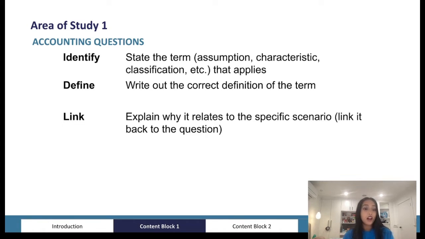Or when it comes to other theory questions, specifically discuss or explain questions that are a little bit more complicated, linking it back to the context of the question is really, really helpful, and it can get you those extra marks. It'll take you from getting a 4 out of 6 to a 6 out of 6. And that's what we want to be aiming for, right? We want to be aiming to get full marks.